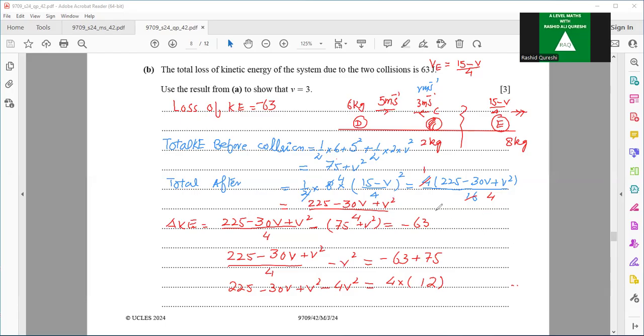That becomes the 90 over here, if I'm not wrong. That will be 90 minus 63.